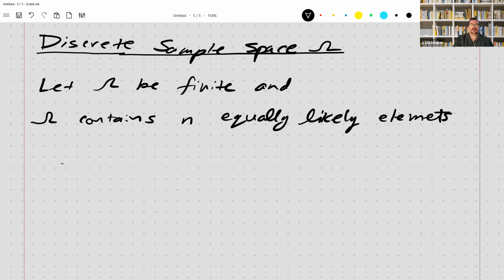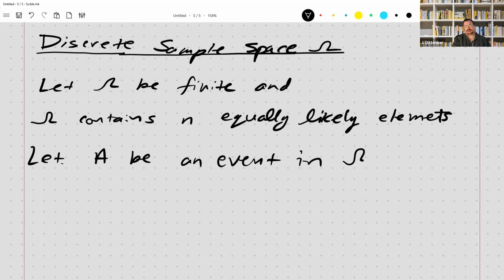Okay, and then we'll say let A be an event in omega where A has K equally likely elements, or we could say equiprobable.